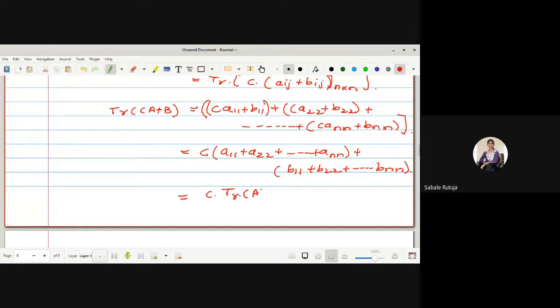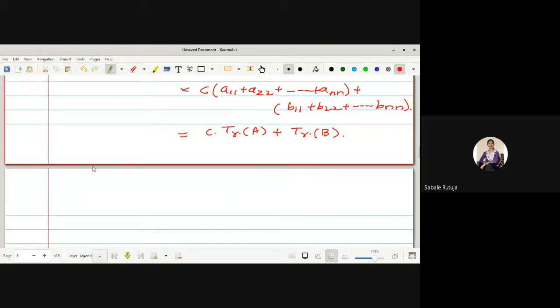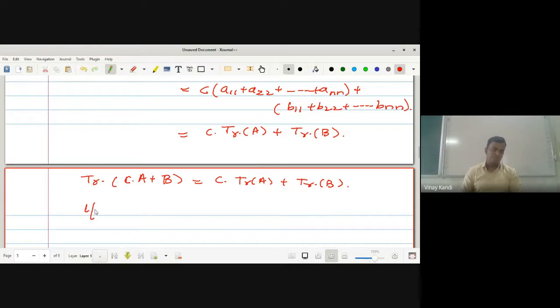This is the trace of capital A plus the trace of capital B. Hence the trace of C into A plus B is equal to C into trace of A plus trace of B. Hence, from the condition of linearity, this function is a linear function. The trace function is a linear function. Any doubt?